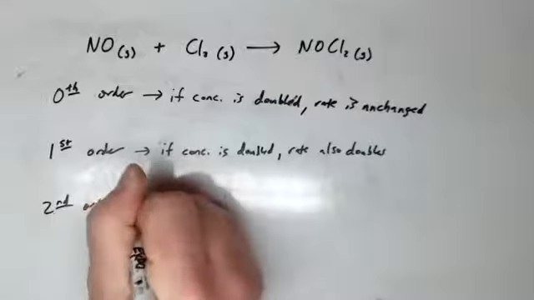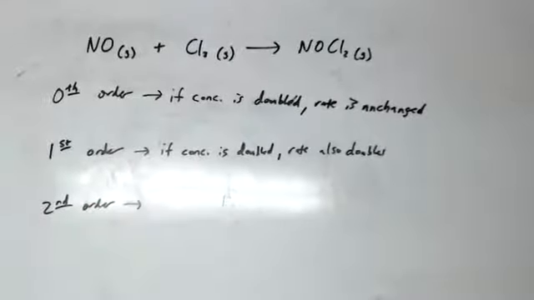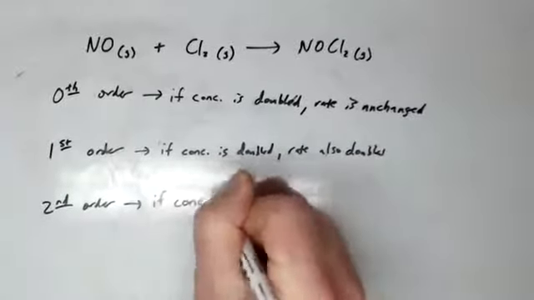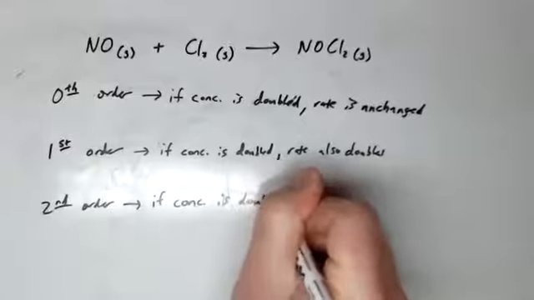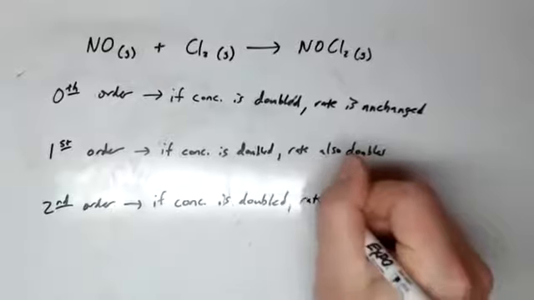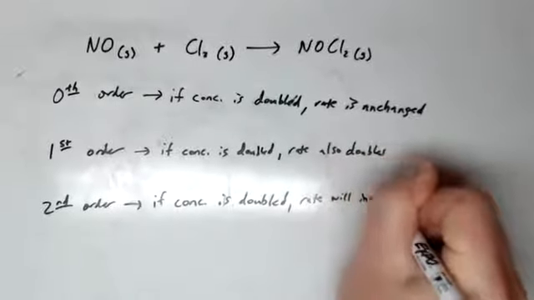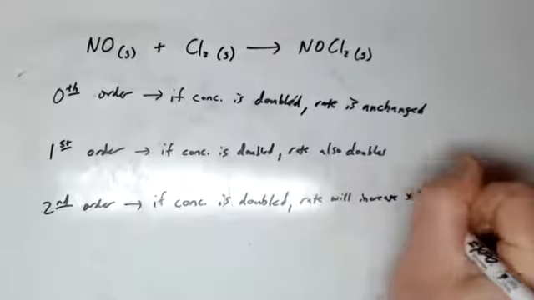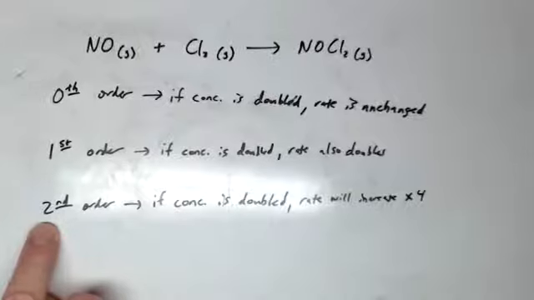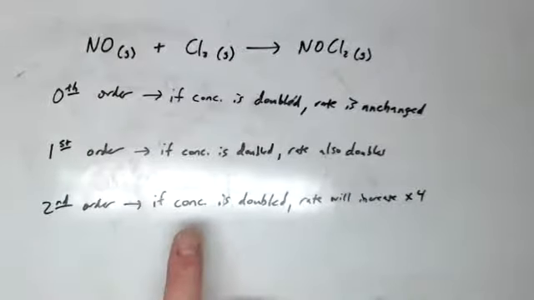Now that brings us to our 3rd possibility, 2nd order. That's a bit trickier. So let's say, again, we're going to double the concentration. Well, in this case, rate will increase by a factor of 4. So if we double the concentration, the rate will quadruple. What we're actually seeing is a squared here. So let's say instead of doubling the concentration, we tripled the concentration.